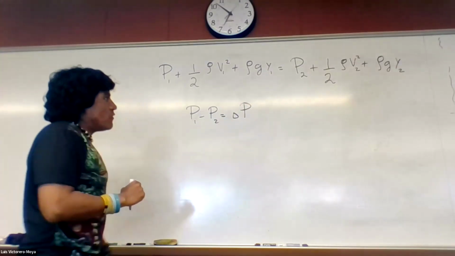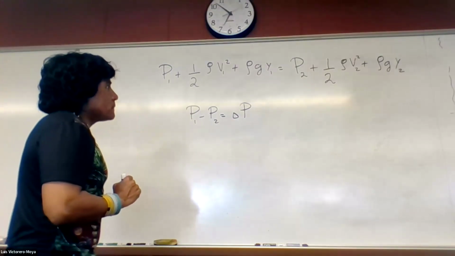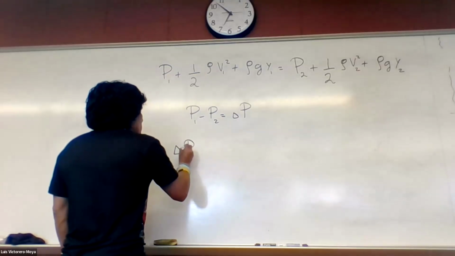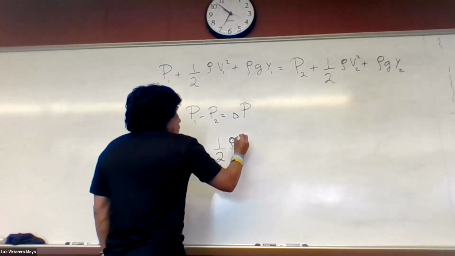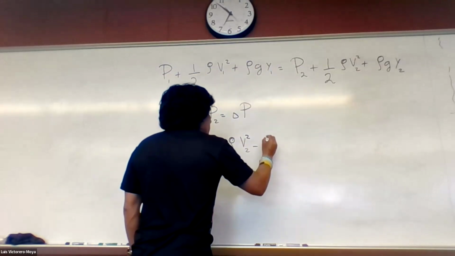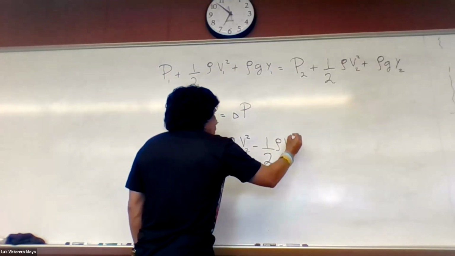We call this the pressure difference. And my pressure difference, if I rearrange this, is 1/2 rho V2 squared minus 1/2 rho V1 squared.